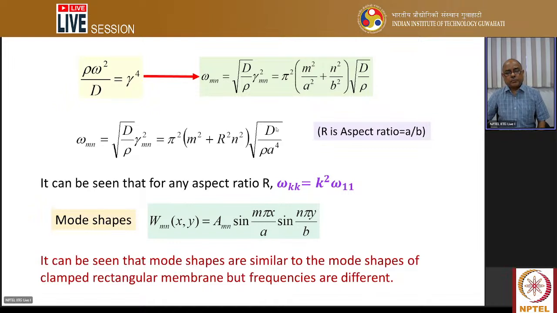So for the beam, EI is the flexural rigidity, and rho is the mass per unit length, and a is L. So you can recall that for the beam, the natural frequency was omega n equal to n pi whole square into root over EI by m L to the power 4.